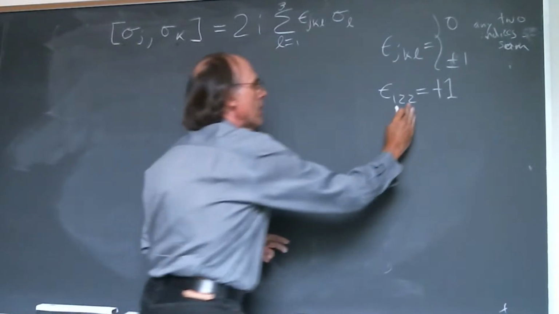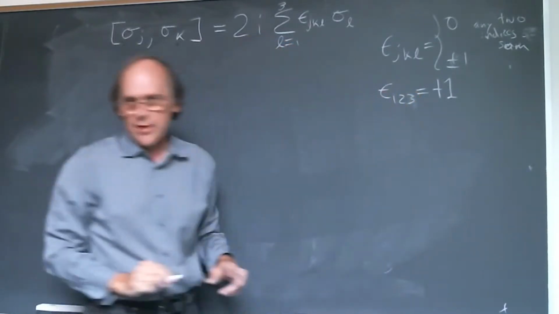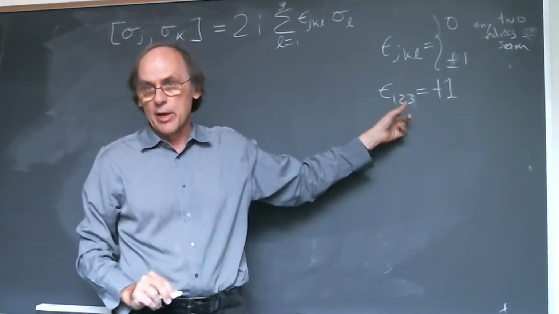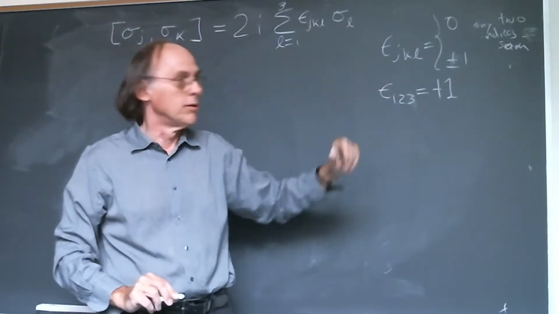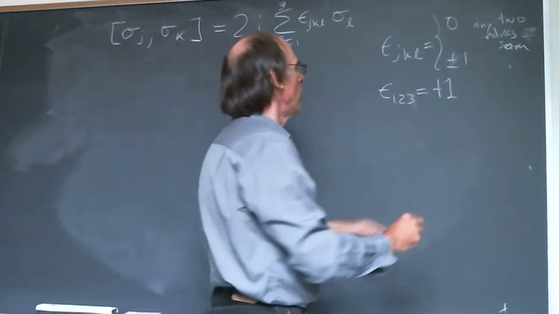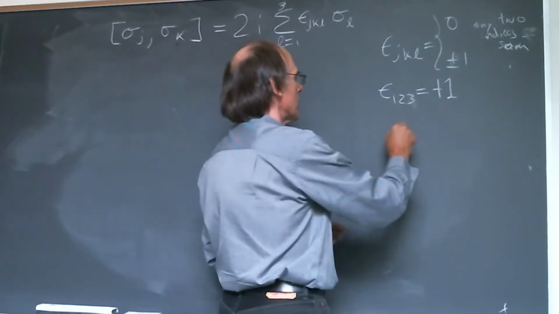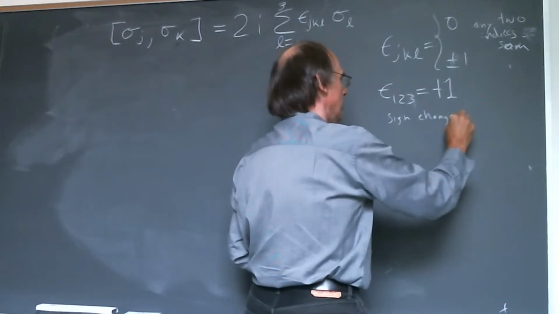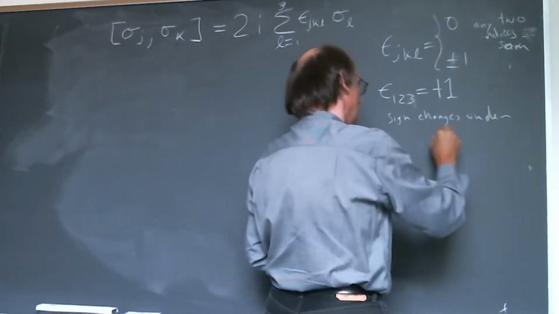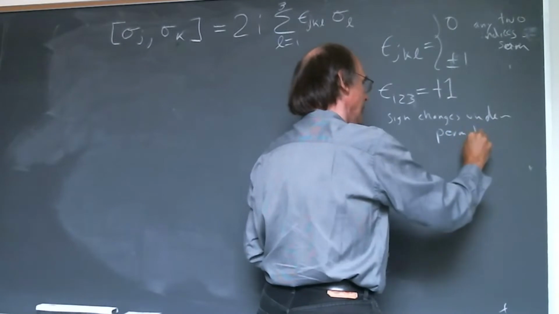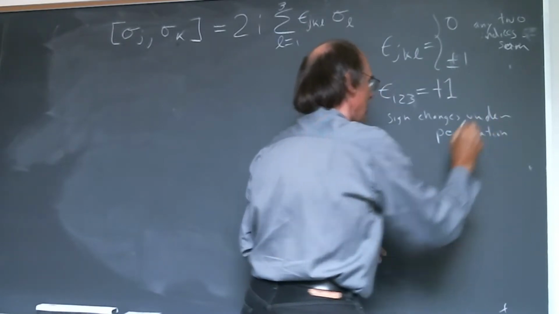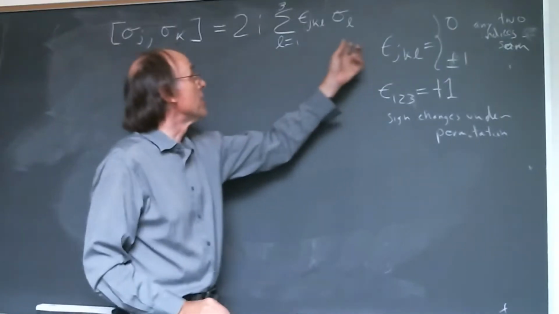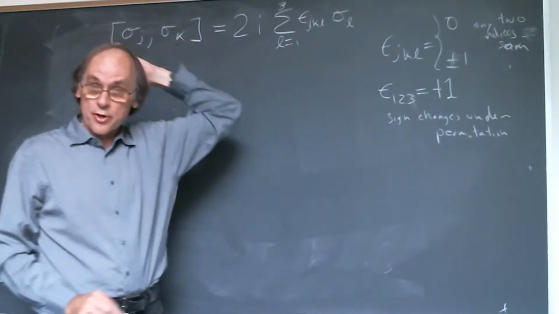And if you take these 3 indices and do a permutation on them, you get the sign of the permutation, so the sign changes under permutation. It's a useful notational gadget, but anyway, this is true.